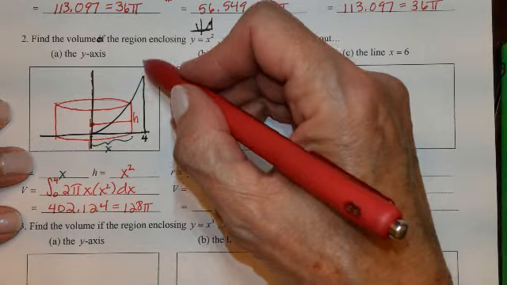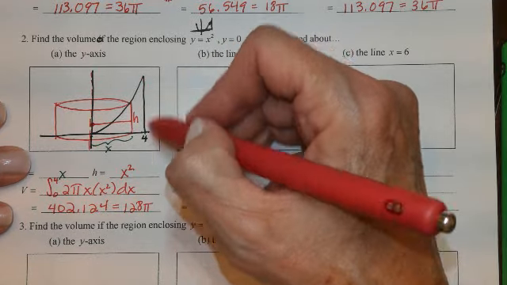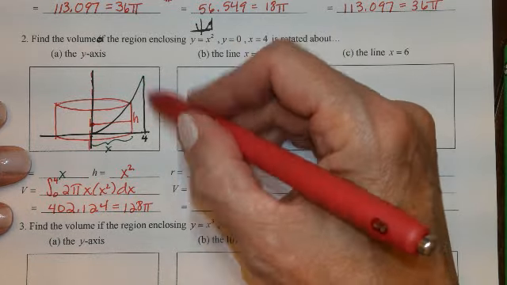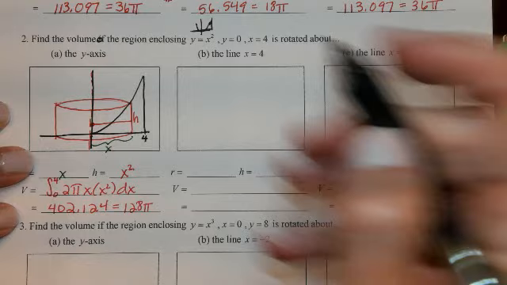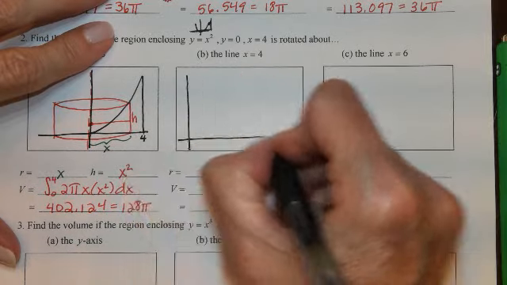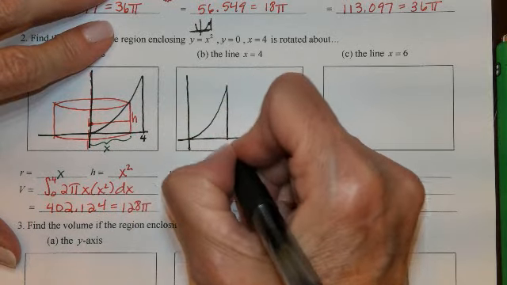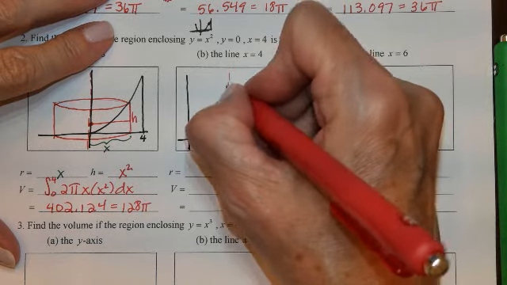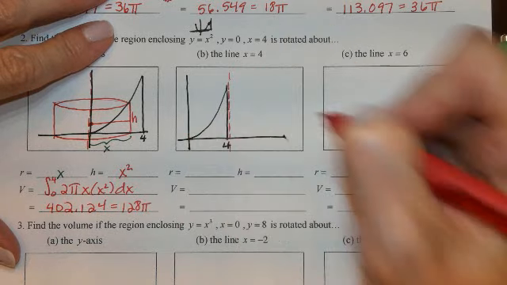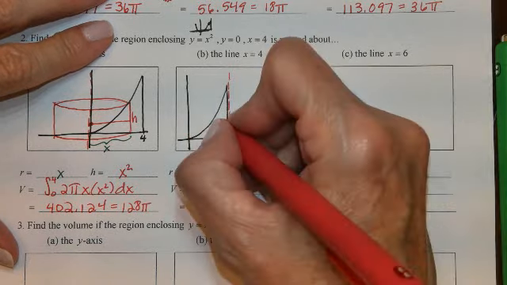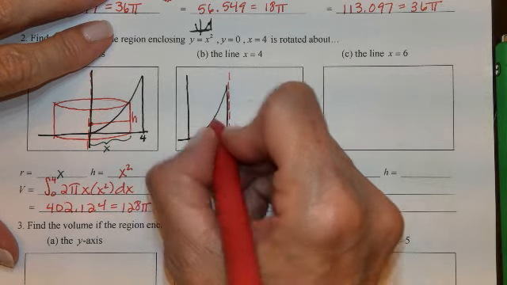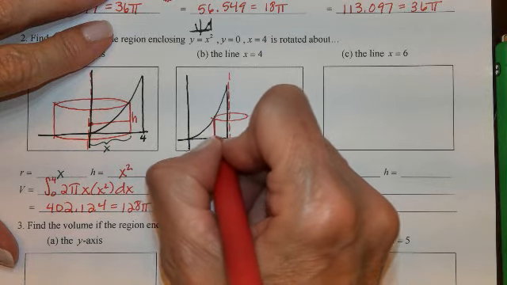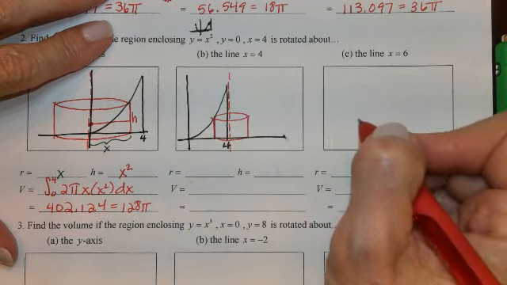This time we're going to revolve that same region around x equals 4. So we'll draw it. Okay, and here's our axis of revolution. Draw your slice, and then revolve your slice so that you can see your cylinder.